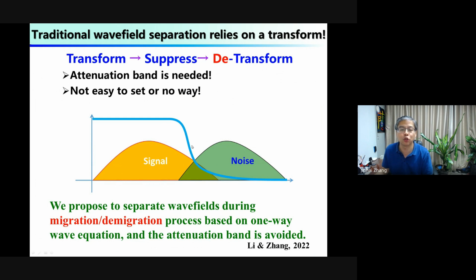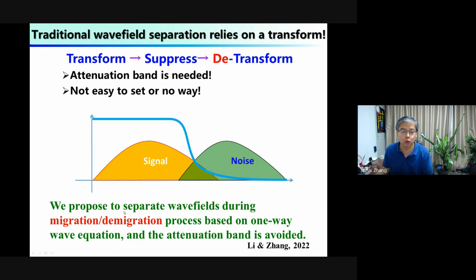This is the main drawback of all the traditional transform-based waveform separation methods. Basically, we transform the data into some domain, suppress the unwanted parts, and then transform back to the original domain. By this method, an attenuation band is needed, and it is not easy to set.